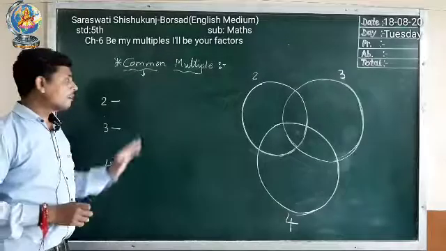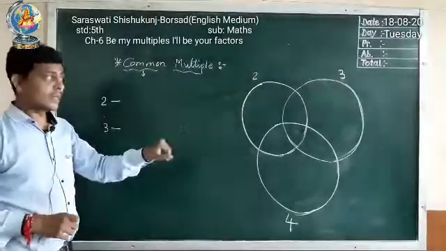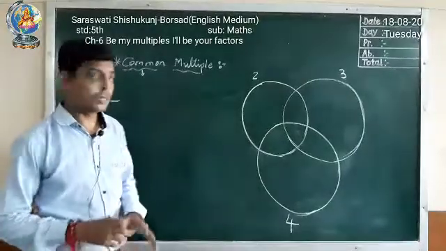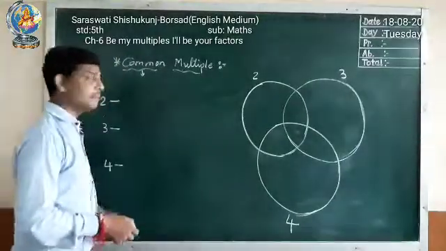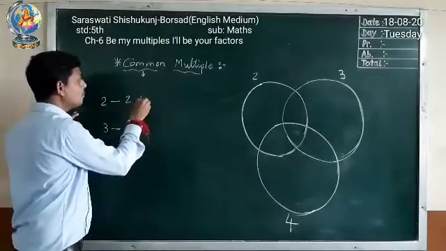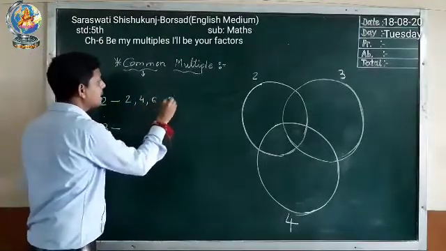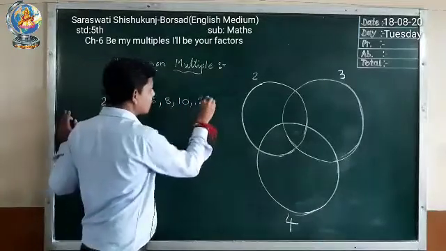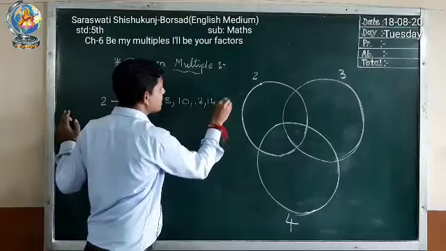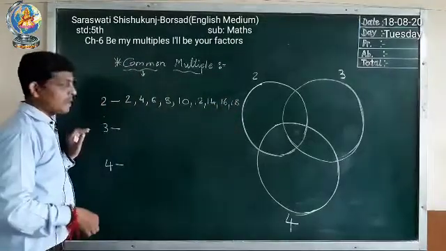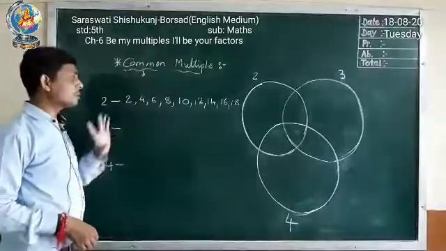First, the multiples of 2: 2, 4, 6, 8, 10, 12, 14, 16, 18. These are the multiples of 2.